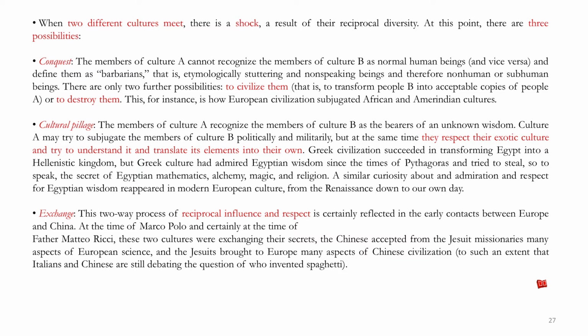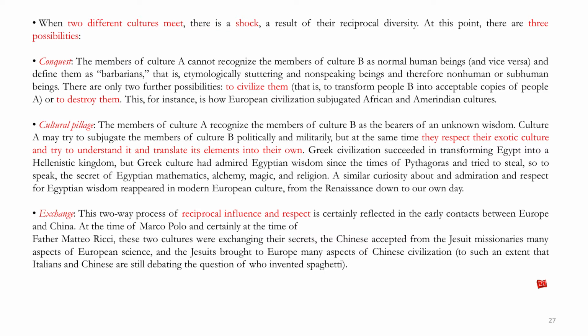They may wish and they may try to conquer culture B, but at the same time they respect its culture and they try to adapt it and adopt parts of it. For example, he gives an example of the relationship between Greece and Egypt.